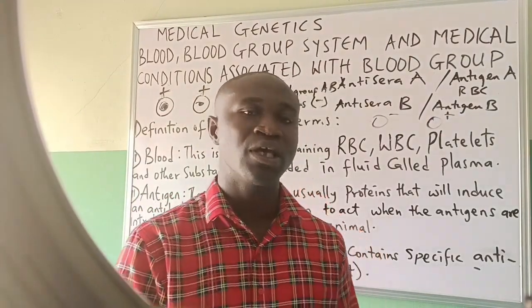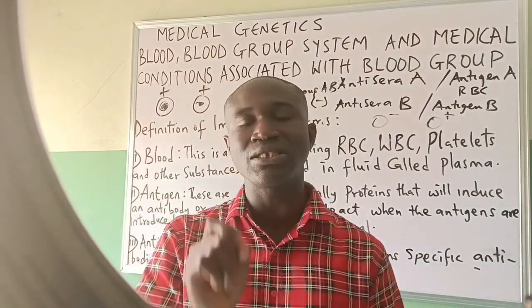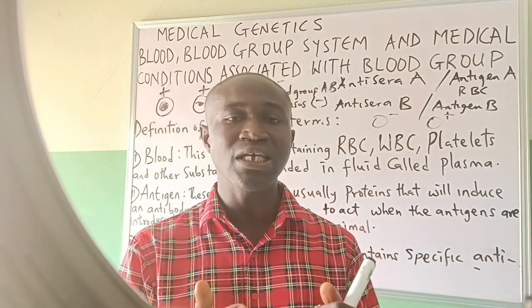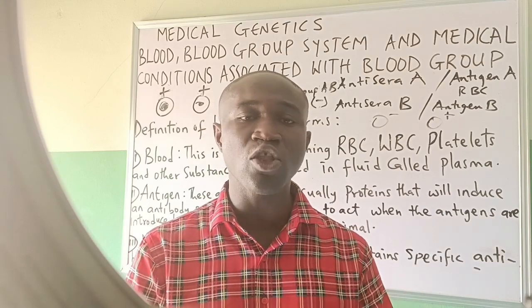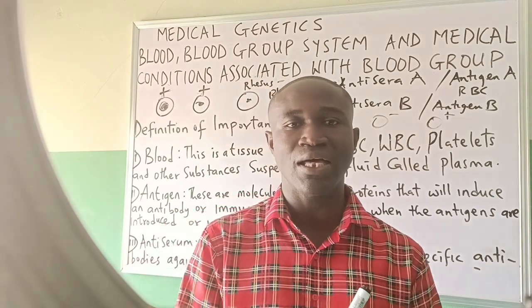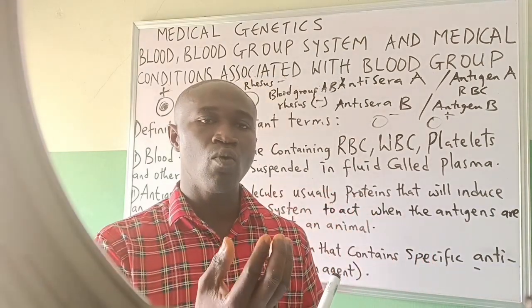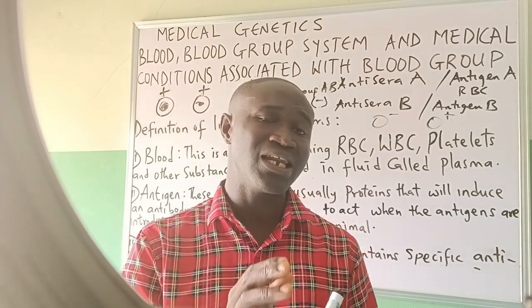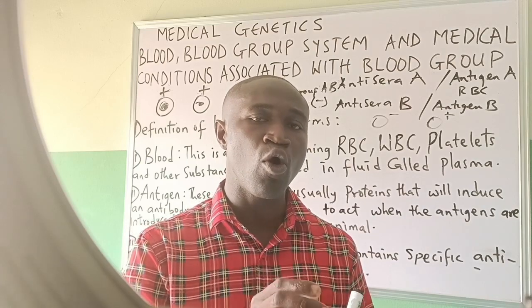Next to discuss is an important genetic disease condition medically associated with blood group, which is known as erythroblastosis fetalis. Yes, this disease condition has affected a lot of young ladies, young girls in this life. Take for instance, when a young lady is pregnant, and that young lady is blood group O negative.